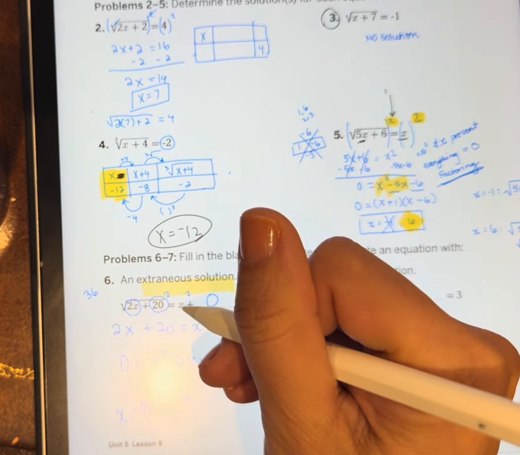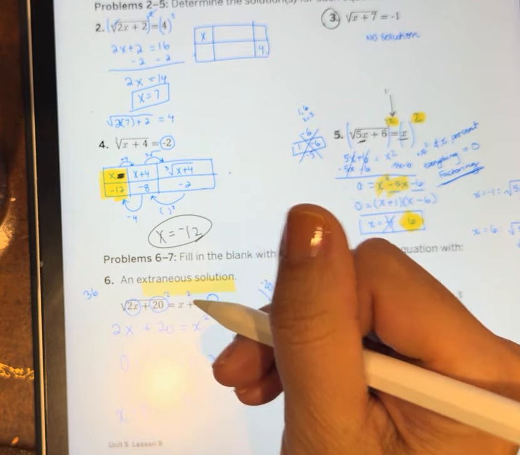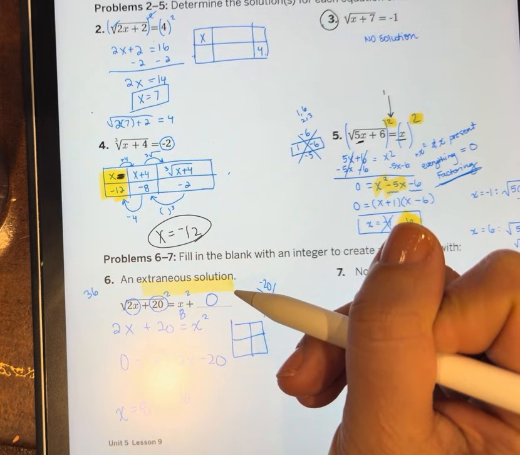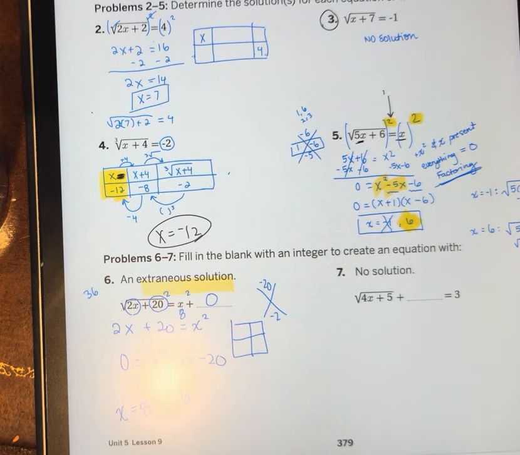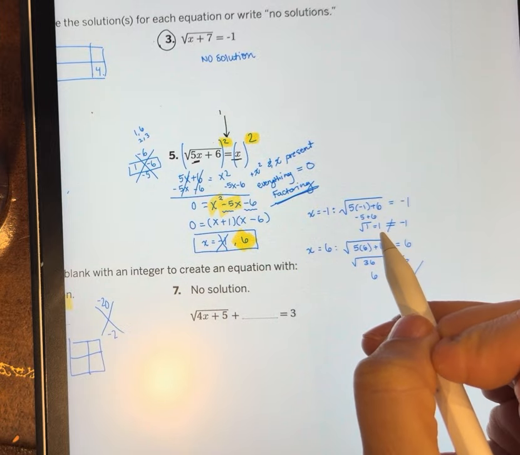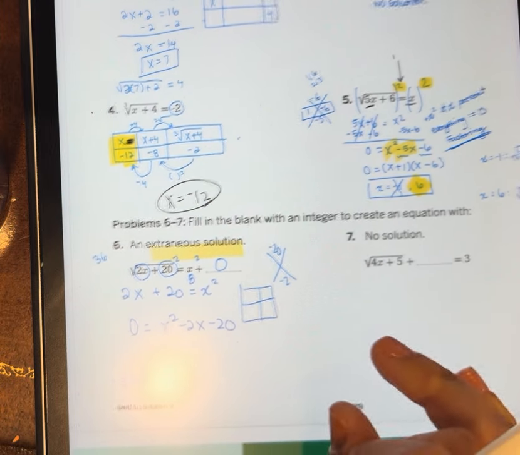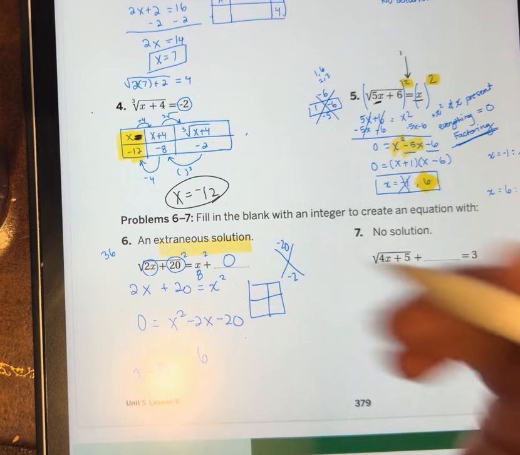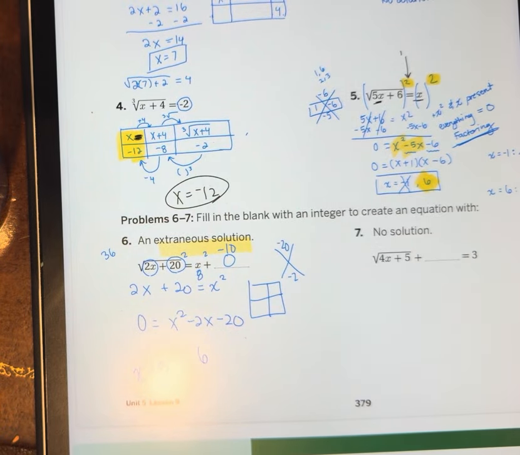And then over here, if x is 8, and the extraneous solutions usually happen when one side comes out to be like negative. See here, it was 1 and negative 1. So I'm kind of thinking, because I'm lazy, to put a negative 10 here.